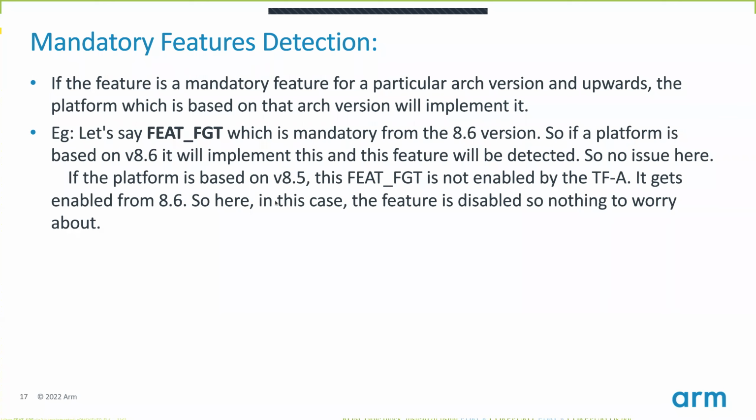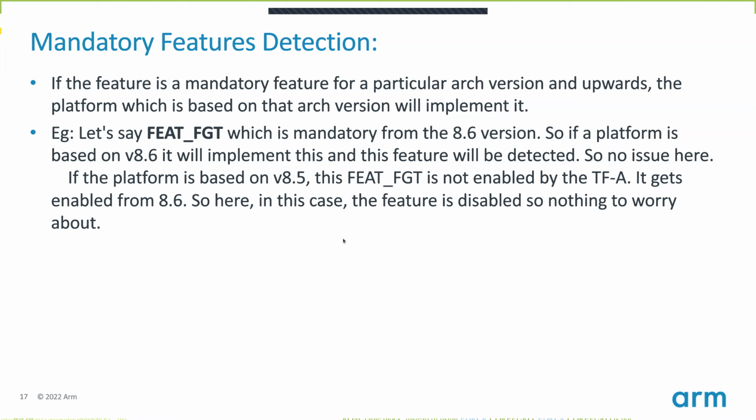So, just giving you an example of what would happen if it is a mandatory feature and what would happen if it is an optional feature, and then I will drive you through the issue we are facing now. Since FGT is a mandatory feature from 8.6, if a platform is based on 8.6, it will implement it and this feature will be detected. It will be present in the platform.